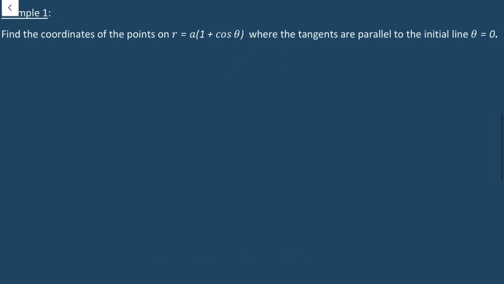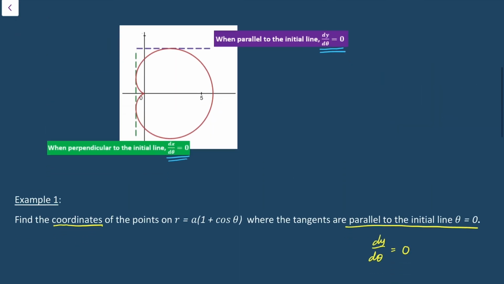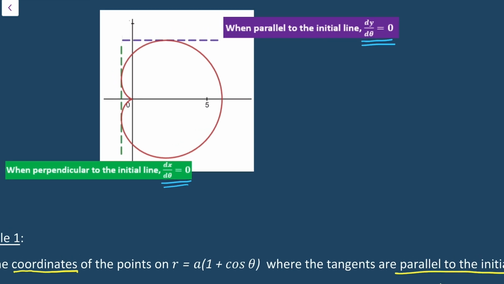The question says find the coordinates of the points on that polar graph where the tangents are parallel to the initial line. So where dy/d theta is equal to 0. And if I go back to this diagram here, there will obviously be two places where this occurs.